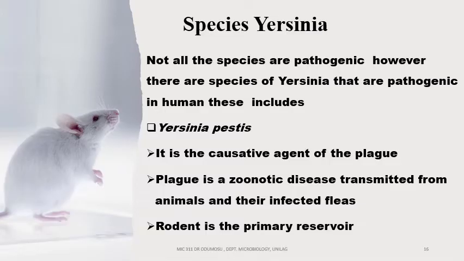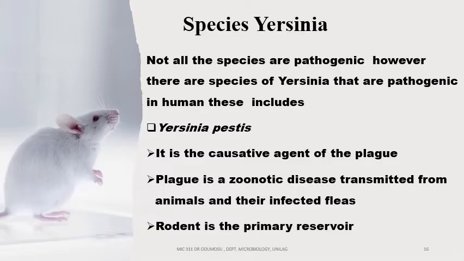So it is the major cause of bubonic plague. Plague is a zoonotic disease transmitted from animals and their infected fleas. It is usually associated with rodents. Yersinia pestis primarily infects rodents, but it can be transmitted to humans through the bite of infected fleas.